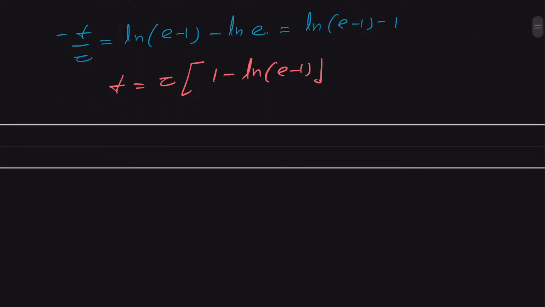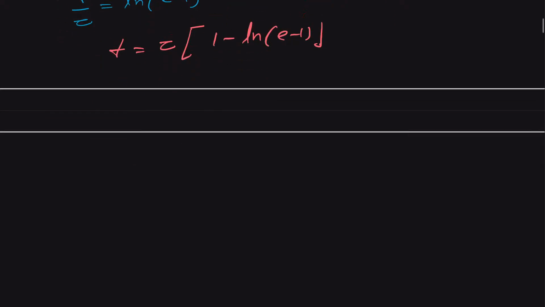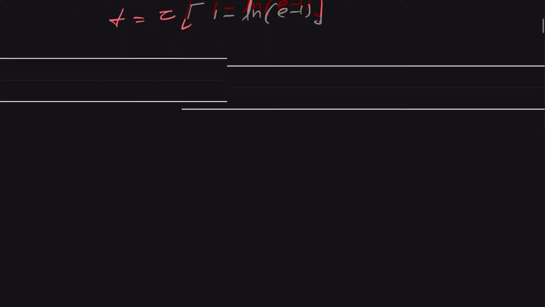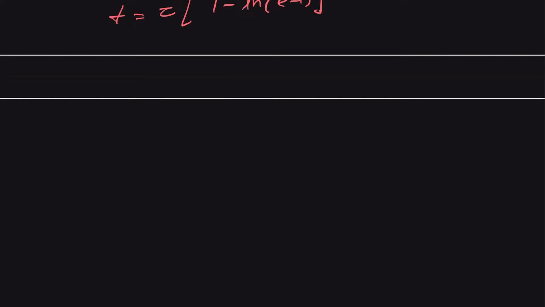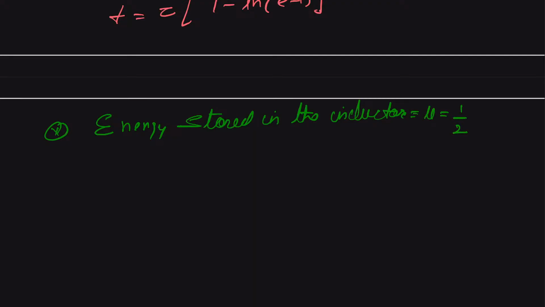And we are supposed to find out the energy. There is no need to solve it further because it can be easily solved in the energy part. So the energy stored in the inductor, that is U, is equal to half L i square.